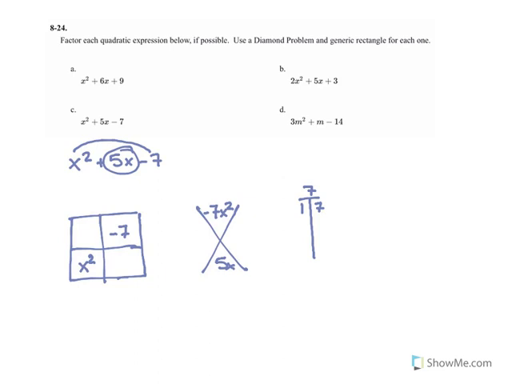So that means I can only work with 7 and 1 to get 5. I cannot get 5 in any combination with 7 and 1. So that's a good sign for you guys. If you have done this factoring table, if none of those work at all with positive and negative combinations or anything, that means this is not factorable.